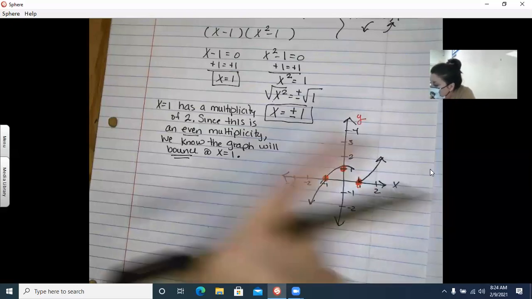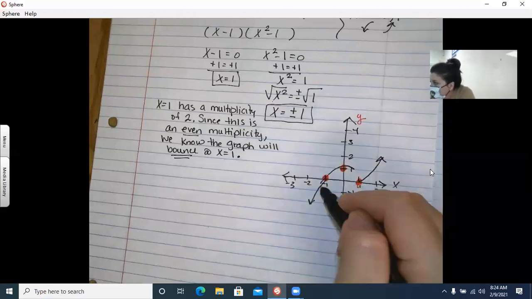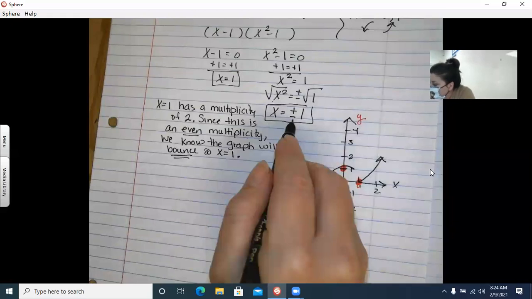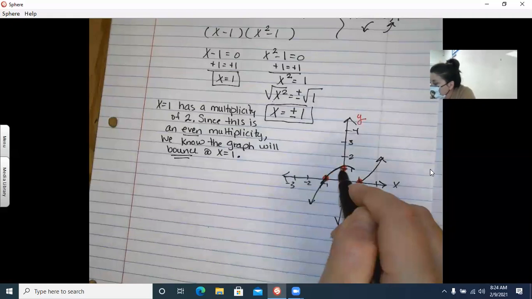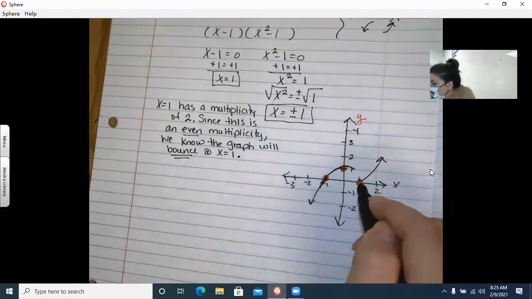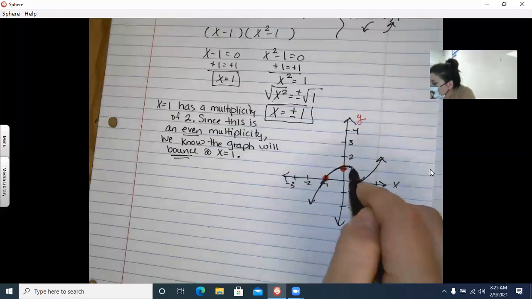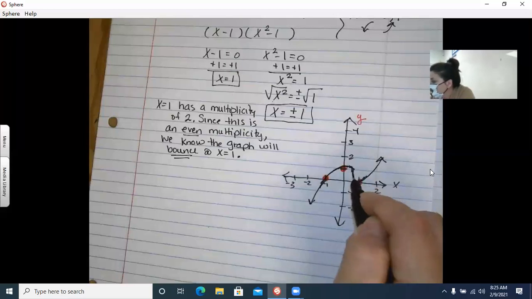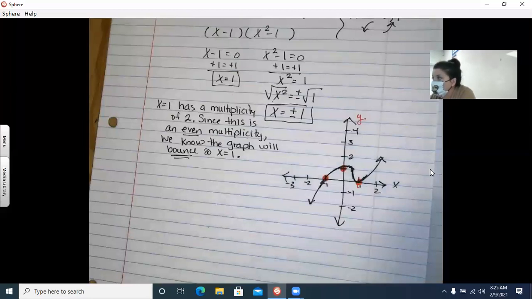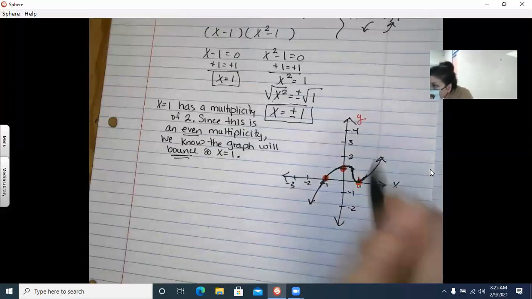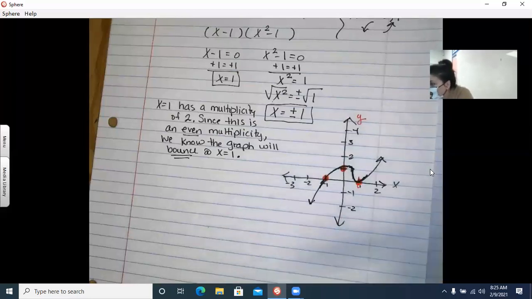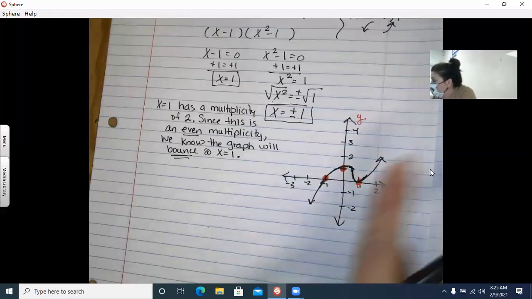So at negative 1, it crosses, right? We're going to cross at negative 1, pick up positive 1. Am I going to go down below here? No, I'm bouncing. So once I get to 1, it's going to bounce right back up. It's not going to intersect. It bounces because there's a multiplicity of 2, which is an even multiplicity when x equals 1. So I would not cross there. Bounce.